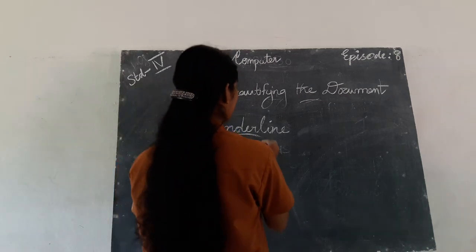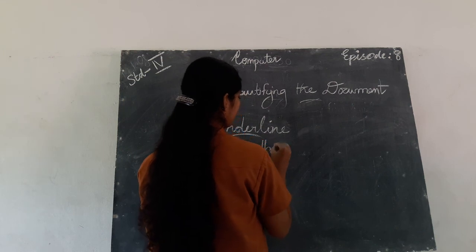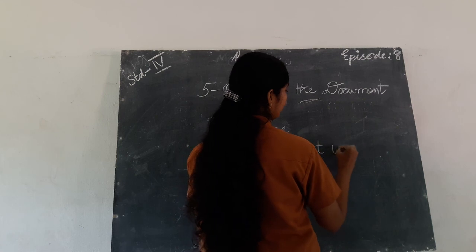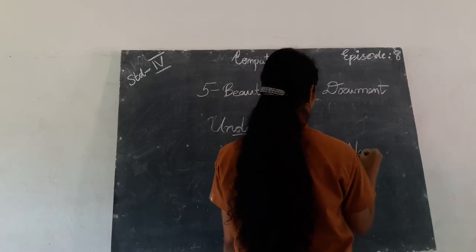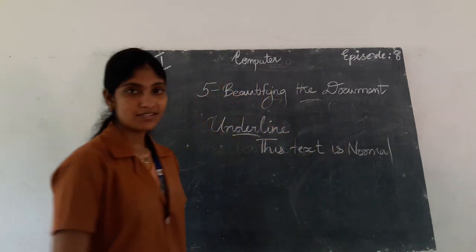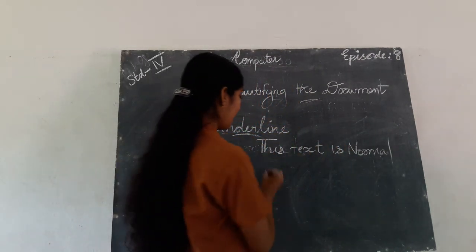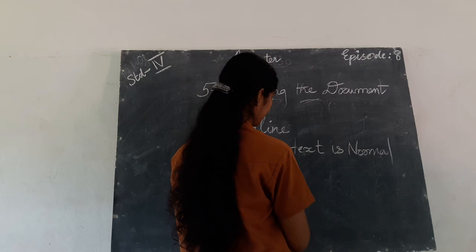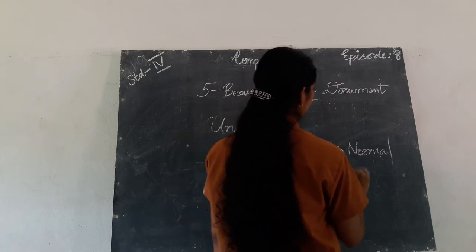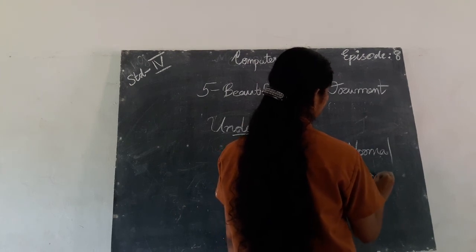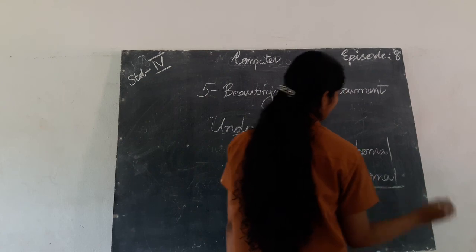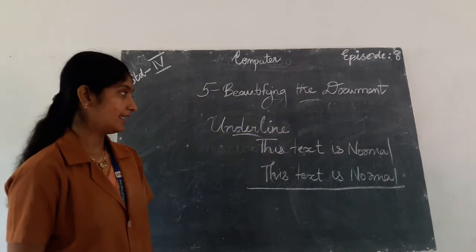For example, this text is normal. After applying the underline option, it becomes this text is normal, and under this text there is a line. That is the underline option.